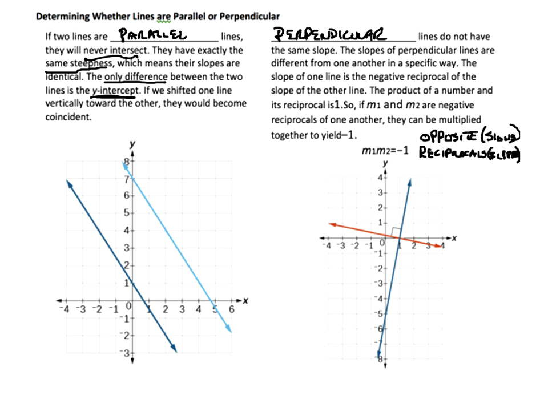So for example, let's see. It looks like the slope of my blue line has me going up 1, 2, 3, 4, 5, and right 1. So my blue line slope here is 5/1. I should expect my orange line to have a slope of 1/5. Let me give that a check, because negative 1/5. I know that my orange line slope has got to be negative because it's going downhill.